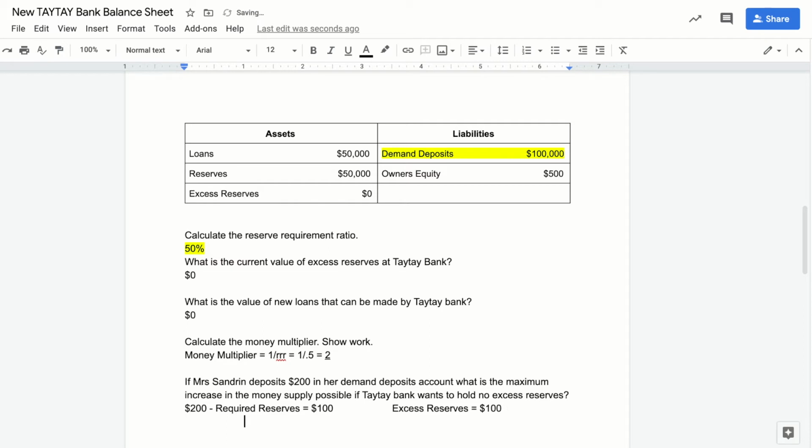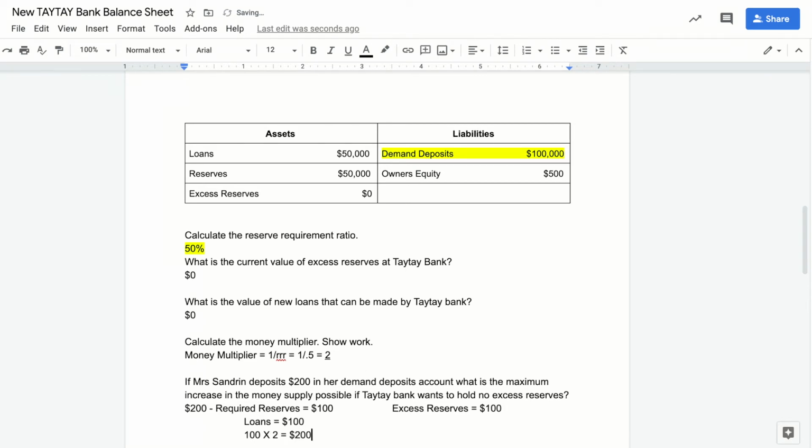So what we got going on here? We need our multiplier, so our loans are going to increase by $100, and that will allow our money supply to increase by that $100 times our money multiplier of 2.